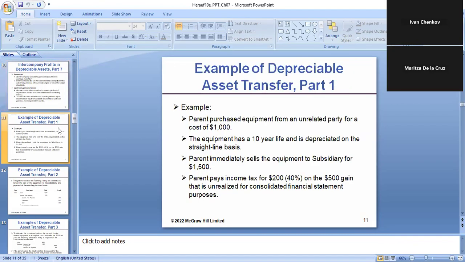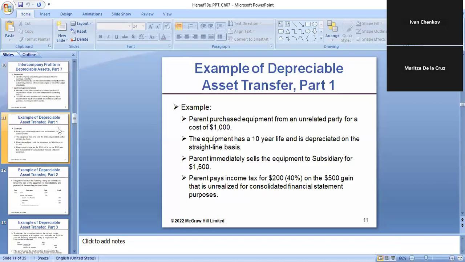So let's see a simple example here. What's going to happen if the parent purchases equipment from a third party for $1,000? The equipment is going to have a useful life of 10 years. So every year we're going to depreciate $100. However, the parent immediately sells the equipment to the subsidiary for $1,500.